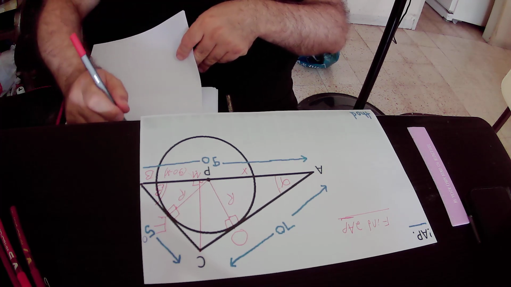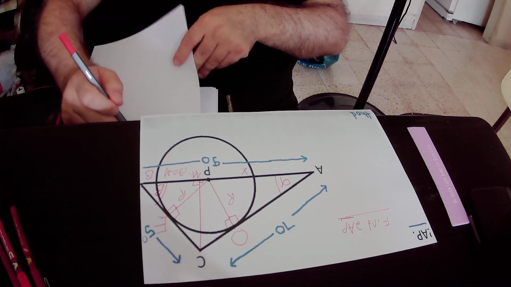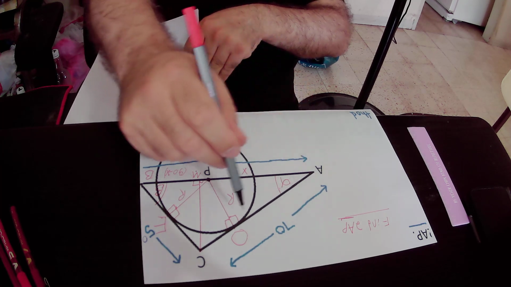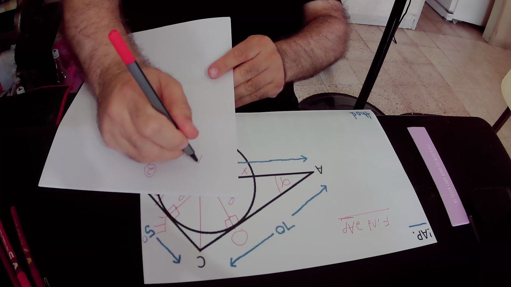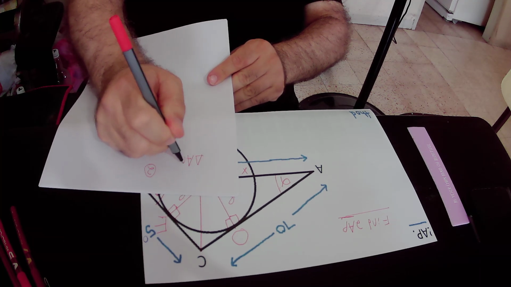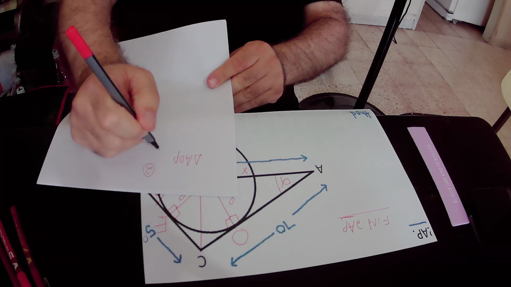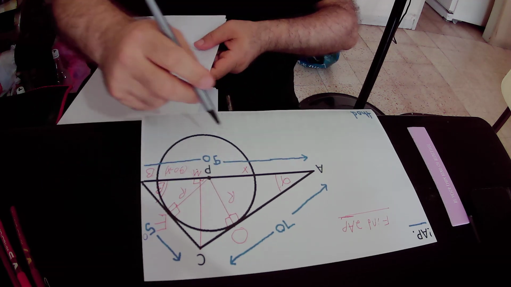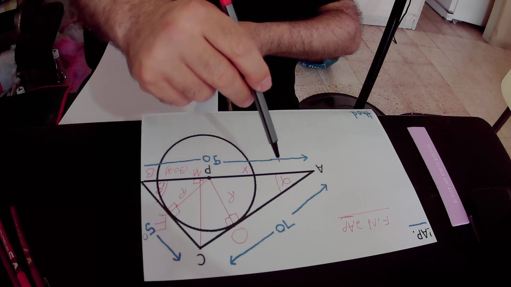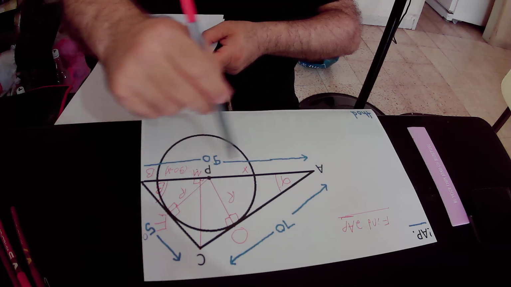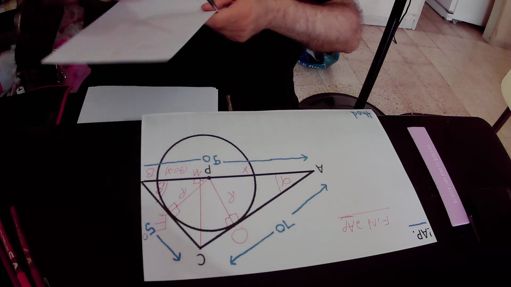We'll focus on the right triangle AOP, and also on the right triangle ACM. Okay, triangle ACM.